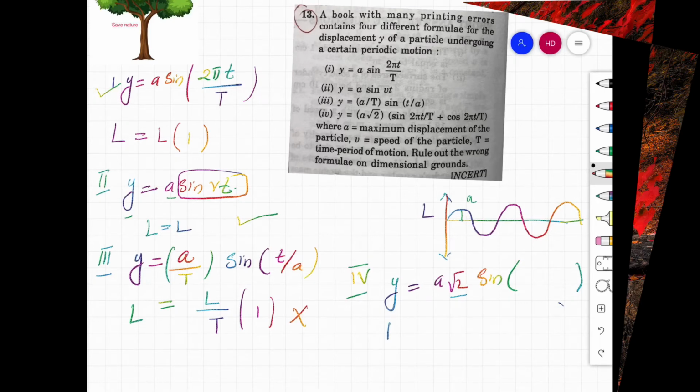The dimension of y is L and the dimension of a is also L. So L equal to L. So the dimensions of LHS and RHS are correct. So equation 4 is also the correct expression. So from this analysis, equation 1, equation 2 and equation 4 will be the correct expressions, and equation 3 will not be a correct mathematical expression.